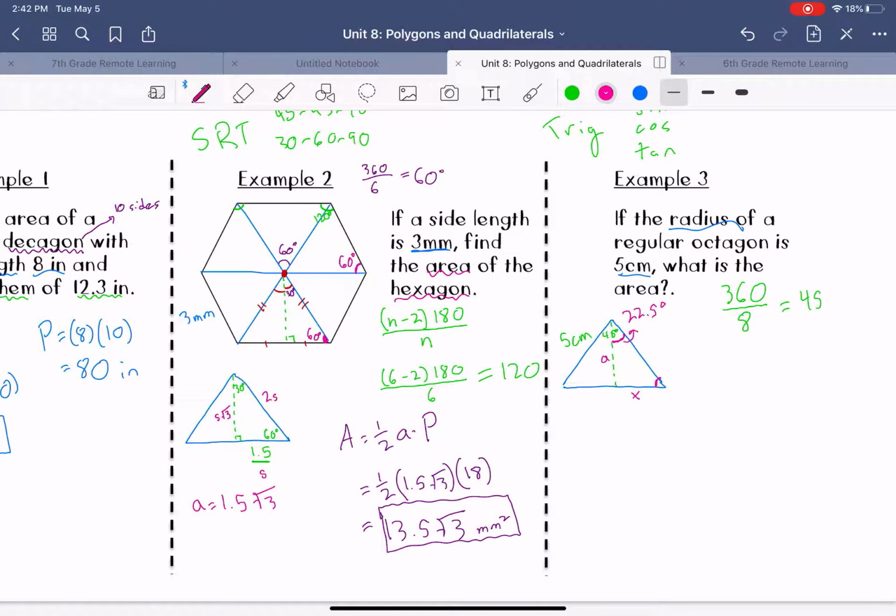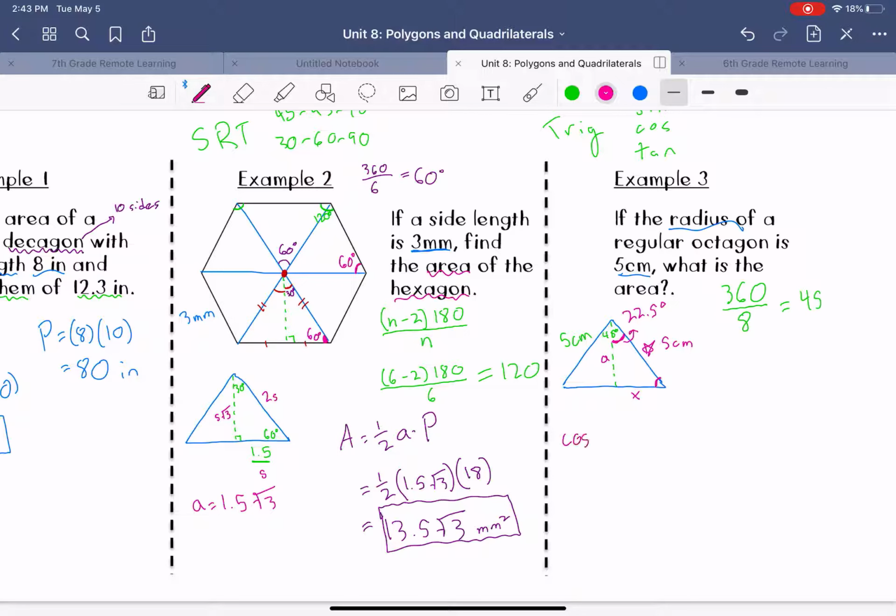I'll start with finding the apothem. The apothem is the adjacent side to my 22.5 degree angle. Since I have the adjacent, and this is my hypotenuse, which is also 5 centimeters because all the radii are the same, I'm going to use cosine.